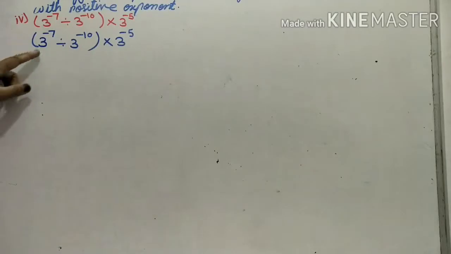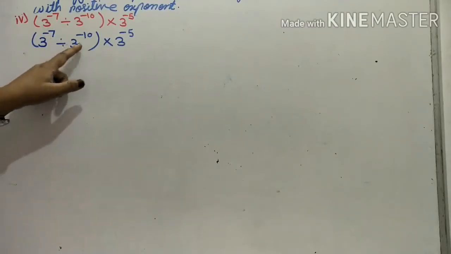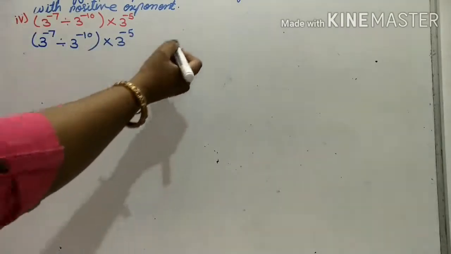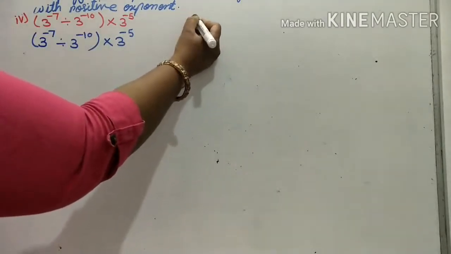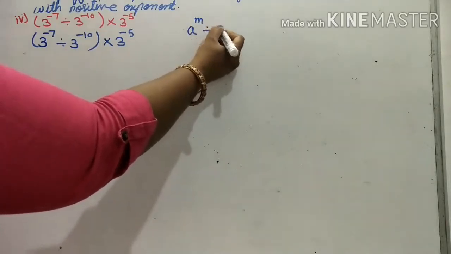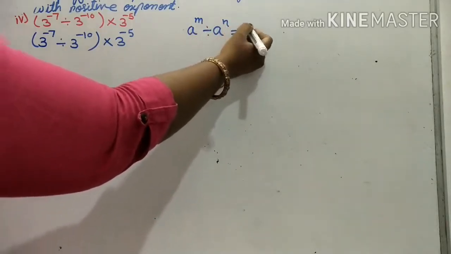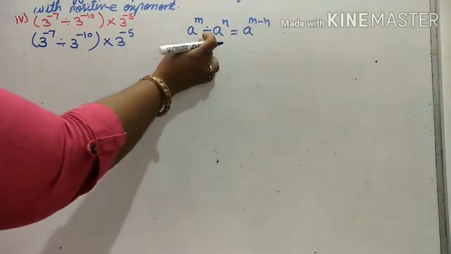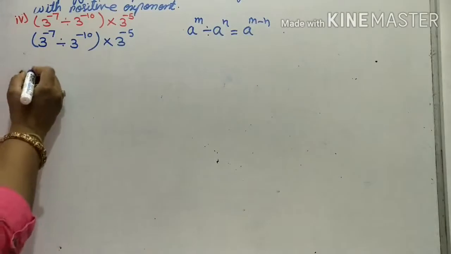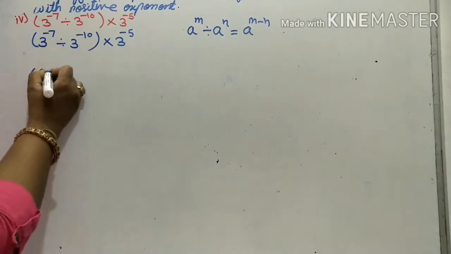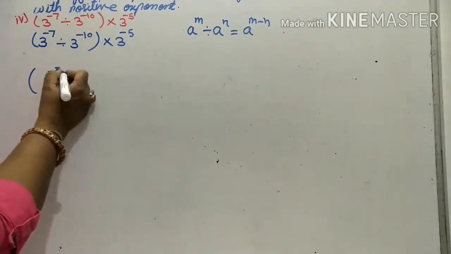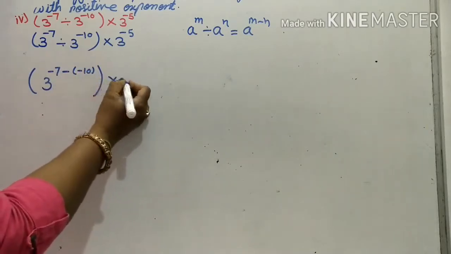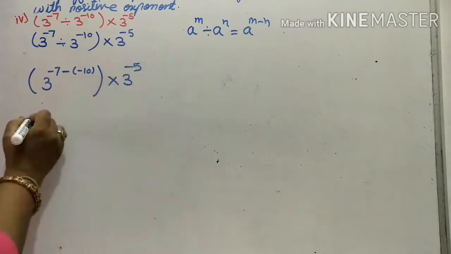Fourth one, 3 raised to minus 7 divided by 3 raised to minus 10, into 3 raised to minus 5. Here we'll use the law a raised to m divided by a raised to n is equal to a raised to m minus n. If bases are equal, division means we have to subtract the powers. So 3 raised to minus 7 minus minus 10, into 3 raised to minus 5.